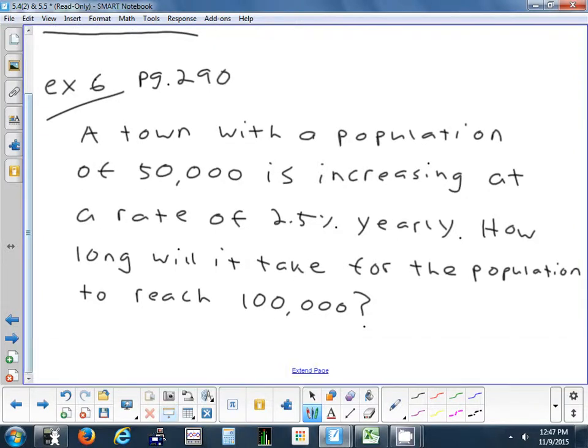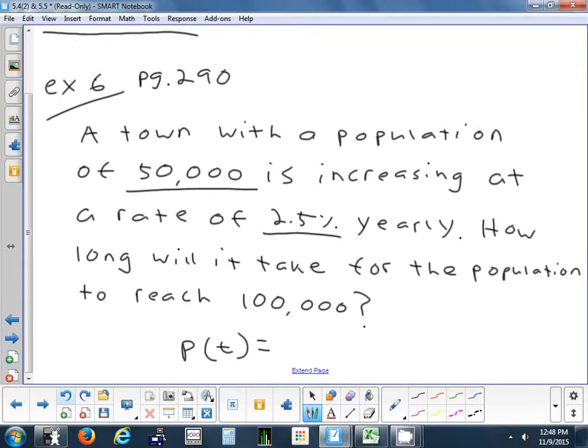All right, well, first thing I need is my equation. I'll write my population as a function of time. Okay, does anybody remember what the equation is? Actually, you know what? The 100,000 we use after. That's going to go on a different side.